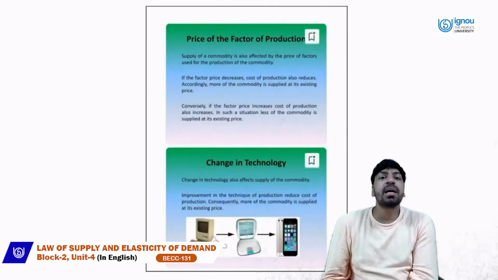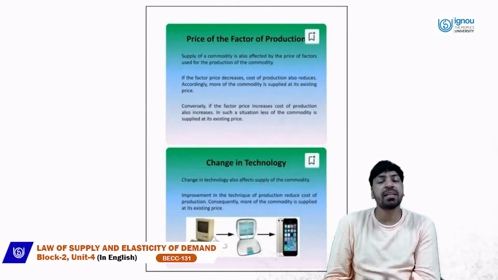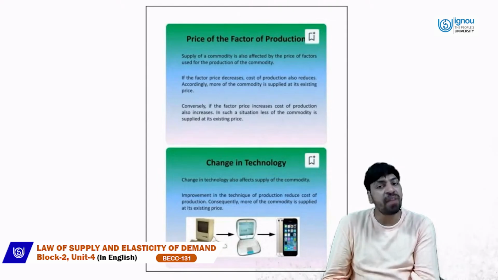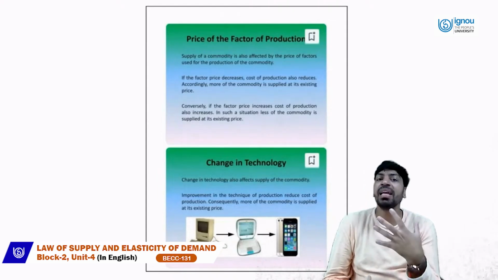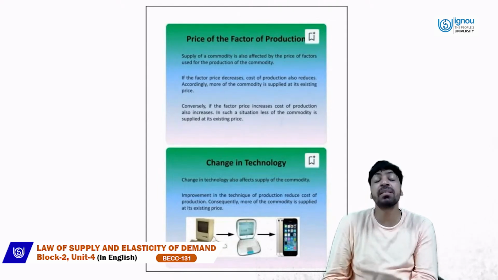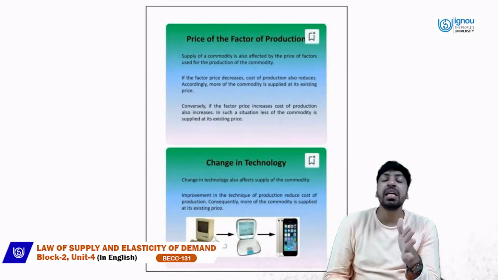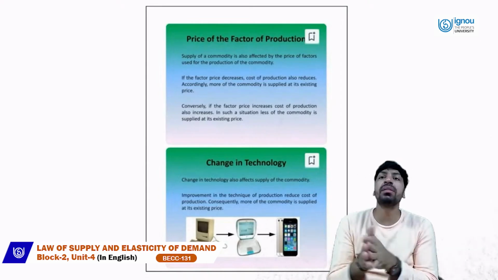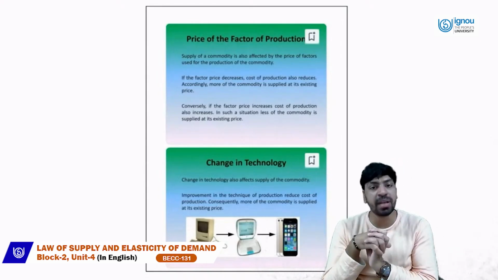The next concept is the price of the factor of production. There are 4 or 5 factors of production. The supply of a commodity is automatically dependent on the prices of the factors of production.